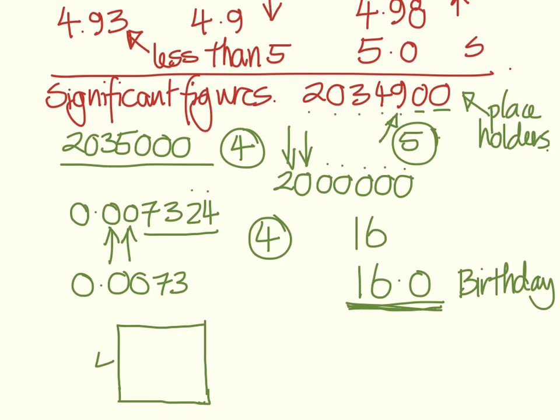If we are using significant figures, if you are asked to write the area of a rectangle that is 4.2 times by 2.4, what you do is you make sure that your area, and I'm just going to calculate that because my brain isn't working very well. 4.2 times 2.4 is 10.08.